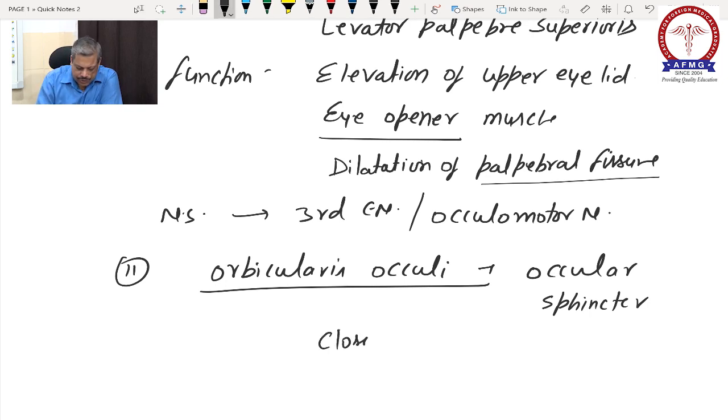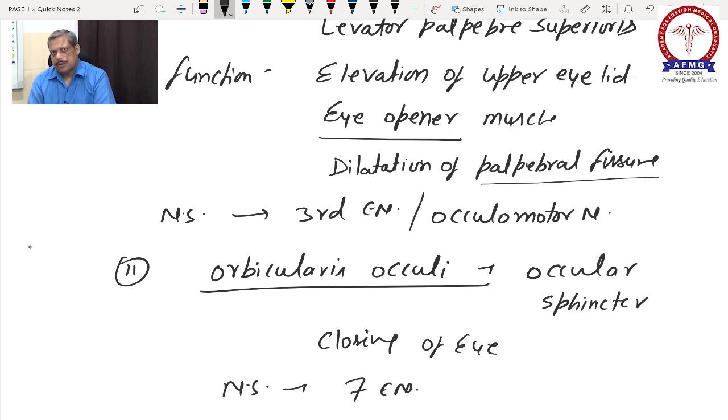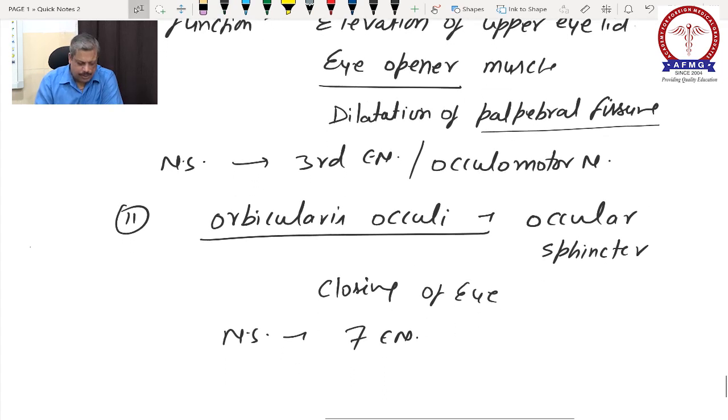What is the action of this muscle? It causes closing of the eye. If I ask what is the nerve supply of orbicularis oculi, remember it is the facial nerve. Again I repeat, all the muscles of the face are supplied by the facial nerve. The only exception is the LPS muscle. Now the next muscle is corrugator supercilii.